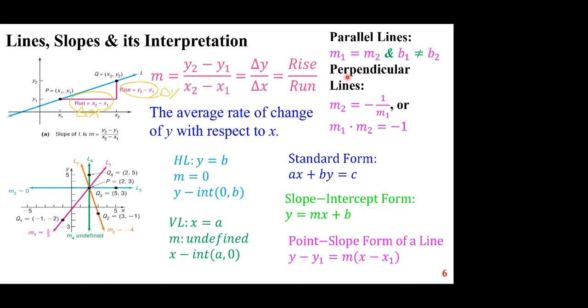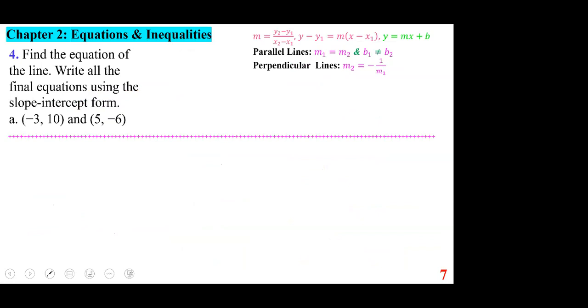Two lines are considered perpendicular, they make a 90-degree angle at the point of intersection, if their slopes are negative reciprocal of each other or their product becomes negative 1. This is just to give you the synopsis of the information so we can look at a few simple examples.